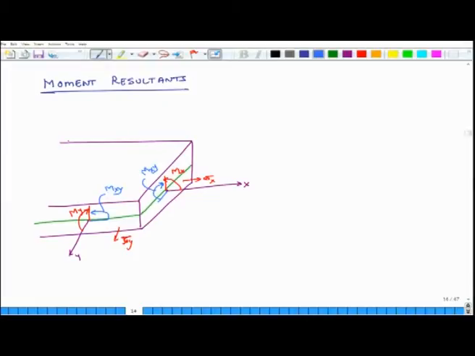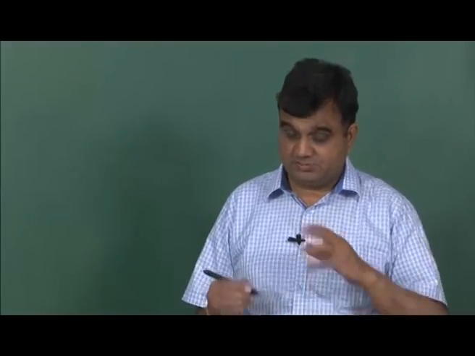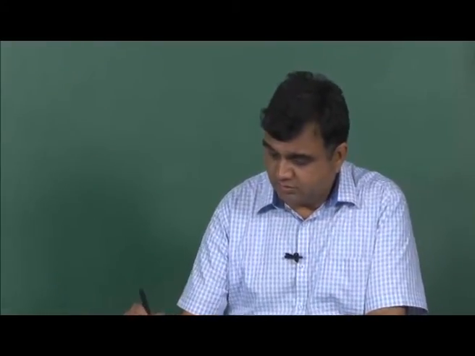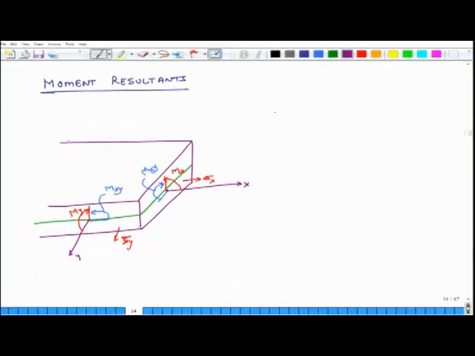And how do we calculate the values of these m's, mx, my, mxy? Again, these are not moments, these are moments per unit length. So, what is moment per unit length? It is basically an integral.